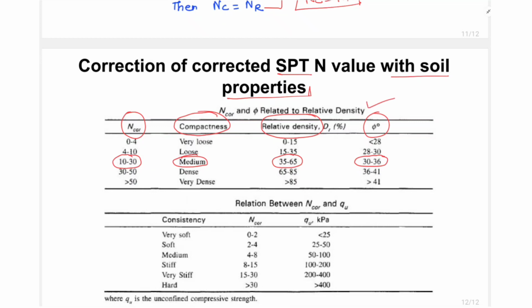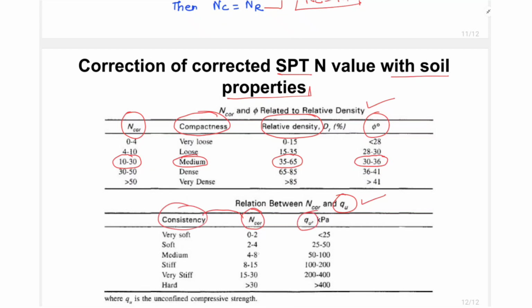Okay, so this is the application of the standard penetration number to find out the properties of soils. Again, this standard penetration number is also used to get a rough idea about the ultimate bearing capacity of the soil. In this case, the standard penetration number has been correlated with the consistency of the soil and the ultimate bearing capacity of the soil.